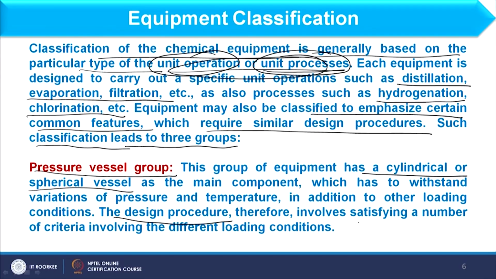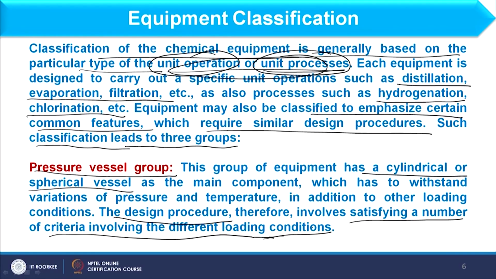So, in the pressure vessel group we can consider cylindrical as well as spherical vessels, and these vessels should withstand the conditions of the process, like temperature as well as pressure. Okay. And further, whatever design procedure we are adopting for this involves specifying a number of criteria involving different loading conditions. Okay. So, here you see we need to define certain criteria for different loading conditions.